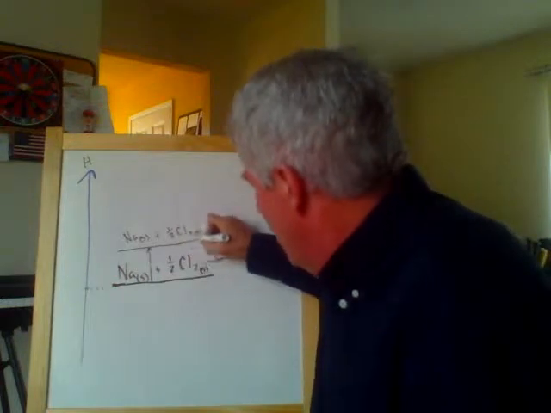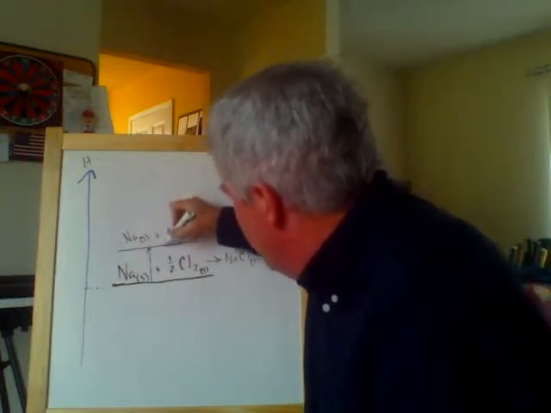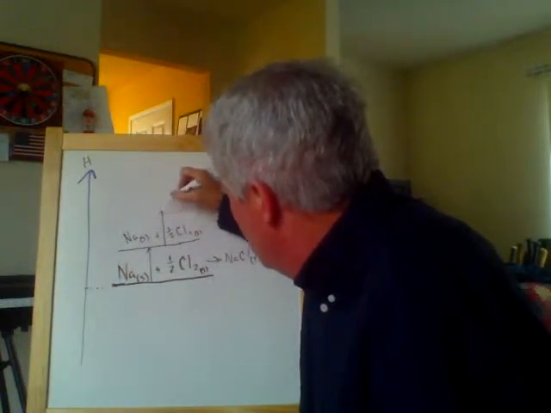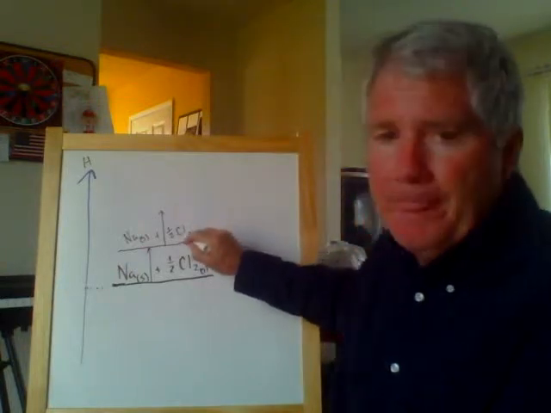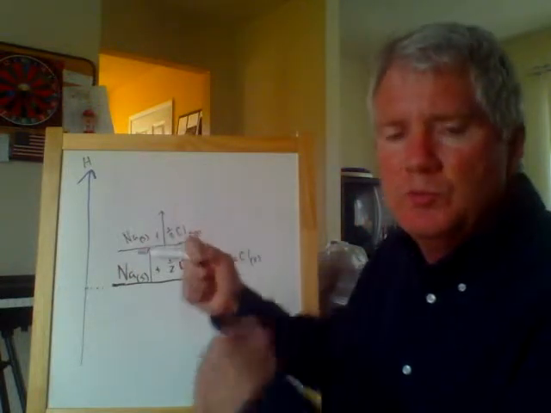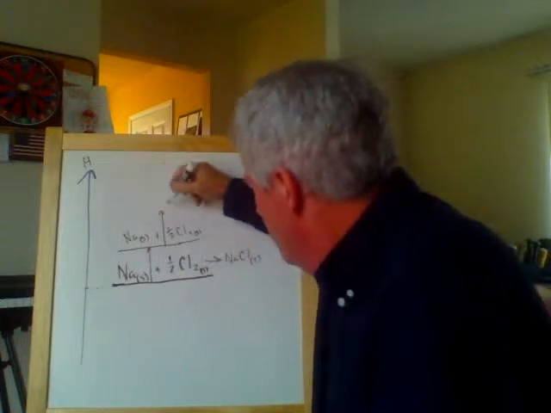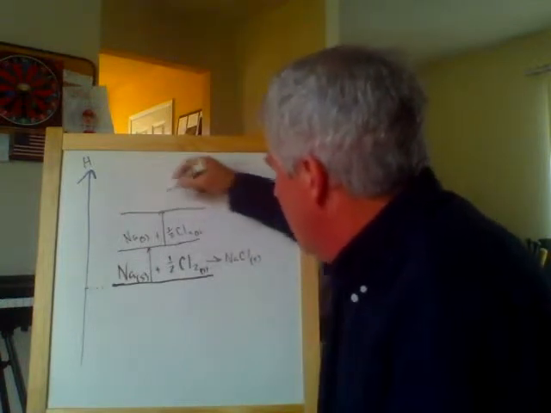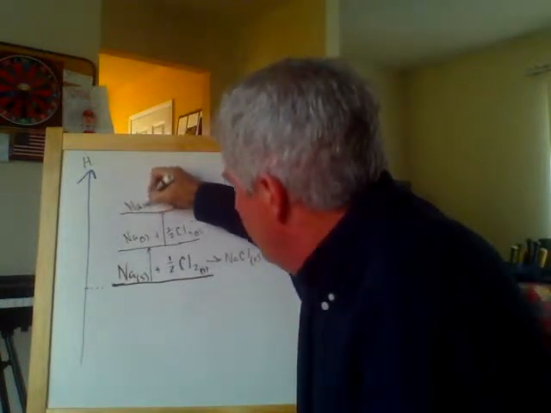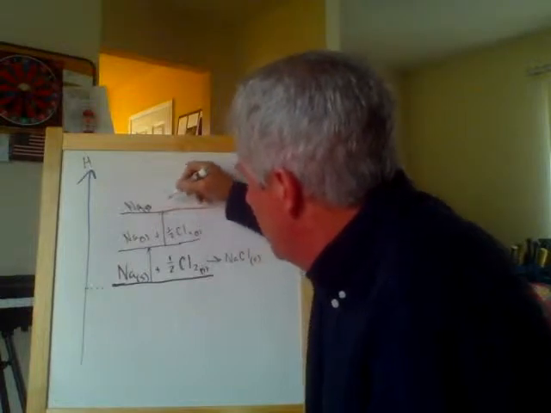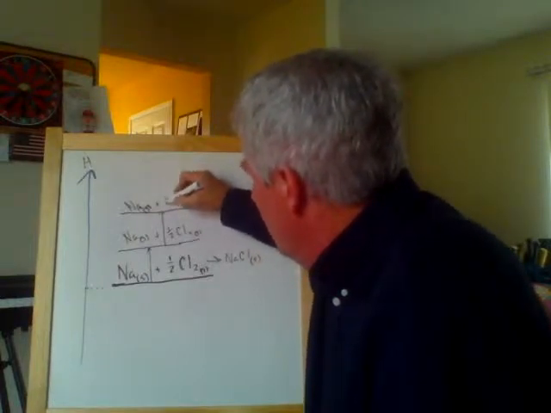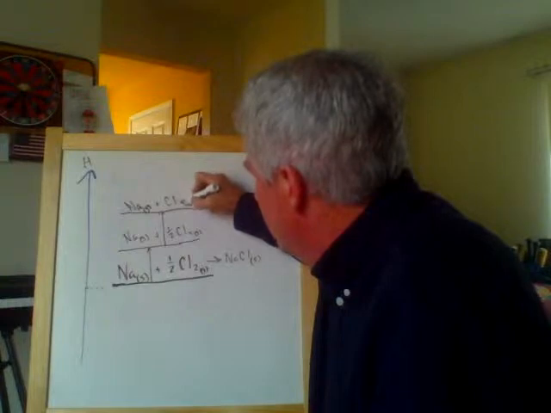Okay, we also then have to go even a bit further to deal with this chlorine molecule, which is bonded together. So when we go to this next level here, we're going to have a sodium atom in a gaseous state, and a chlorine atom, also in a gaseous state.